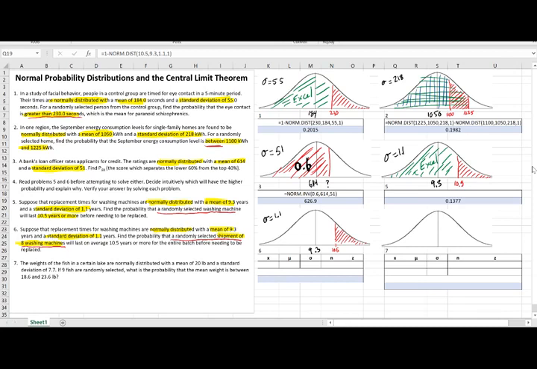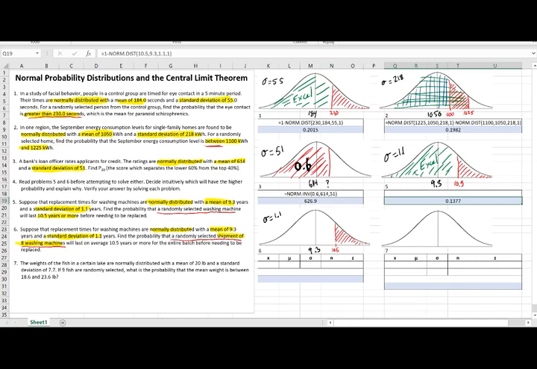Now if we look at number 6, similar question, but now we're applying the central limit theorem. This is a result of our previous discussion on sampling distributions of the mean, and it's one of the most monumental or powerful results in all of statistics.